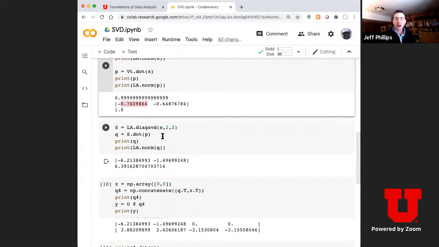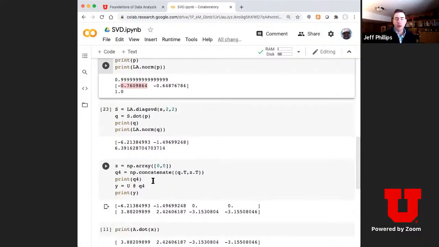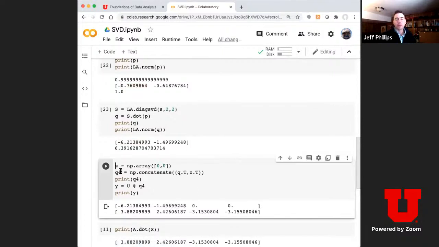Okay, I didn't get back an N by D matrix, which is the default in MATLAB. So if I want to multiply by U, I need to expand Q into 4 dimensions. So I'm going to create a 2-dimensional zero matrix and then concatenate it on here.